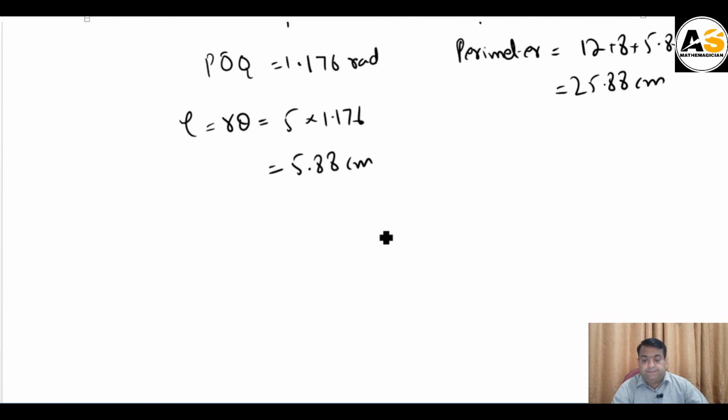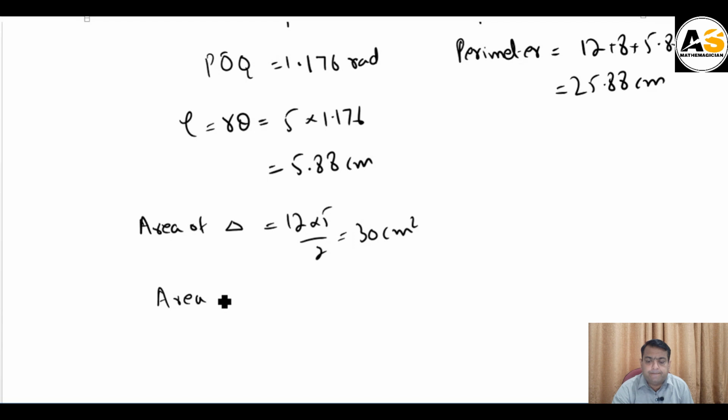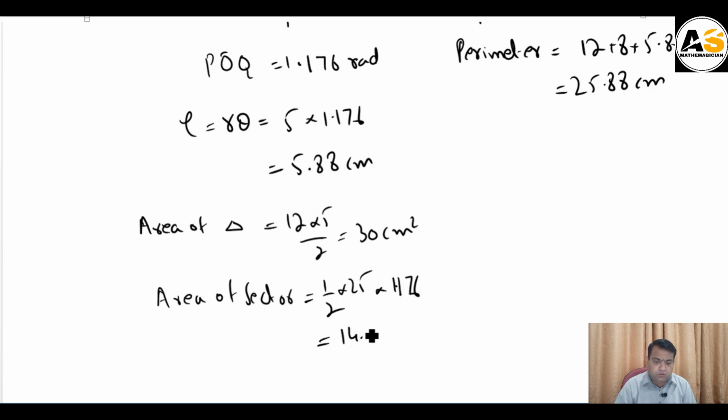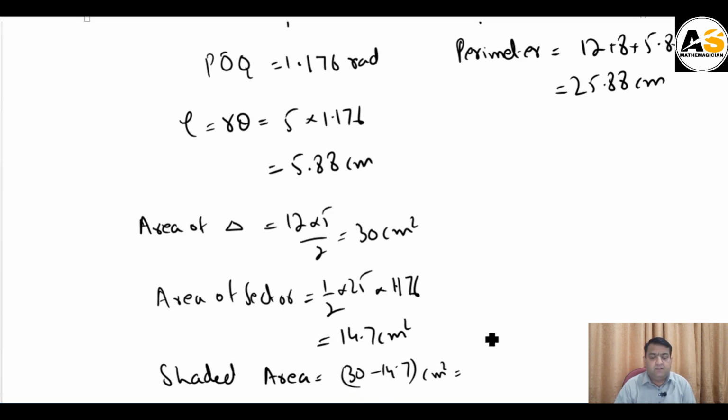Now area of triangle is 12 into 5 over 2, which is 30 centimeter square, and area of sector is again 1 by 2 r square into theta, theta is 1.176, and this area of sector will be 14.7 centimeter square approximately, and shaded area will be 30 minus 14.7 centimeter square, which will give 13.3 centimeter square.